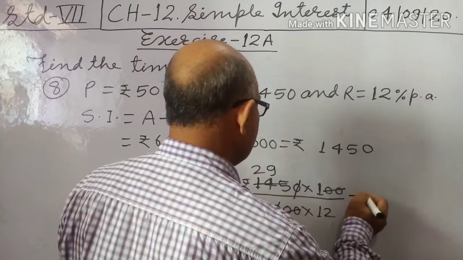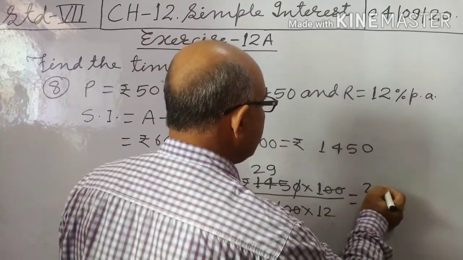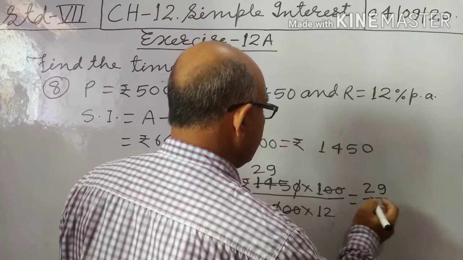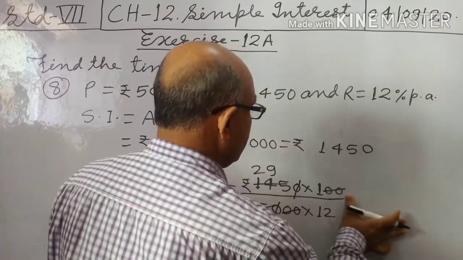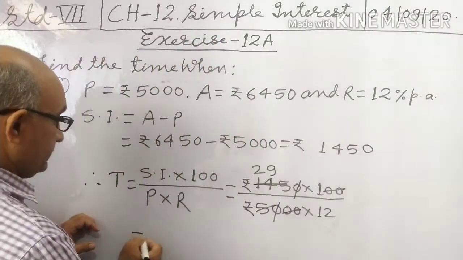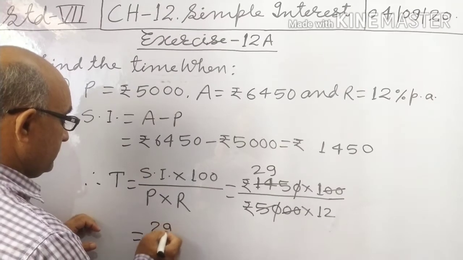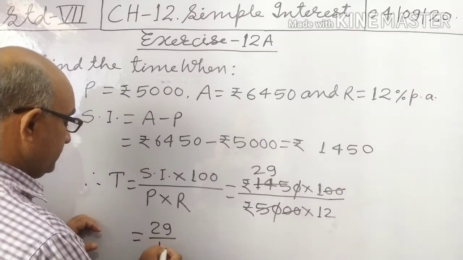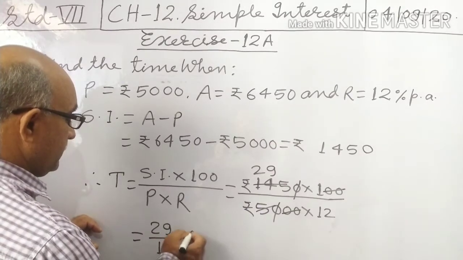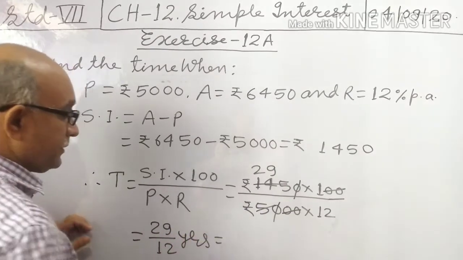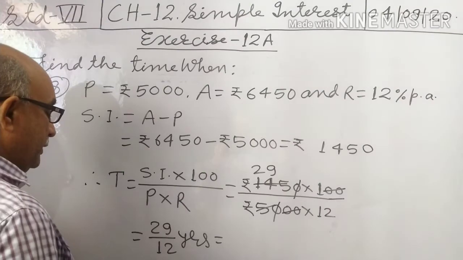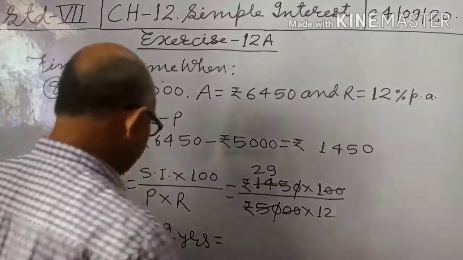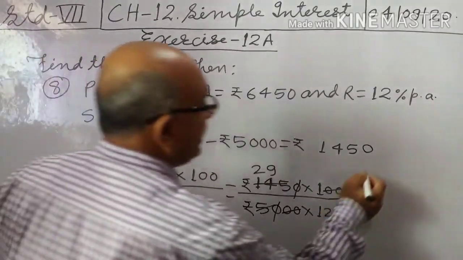So it's 29 by 12 years. 29 by 12 years. 29 divided by 12.